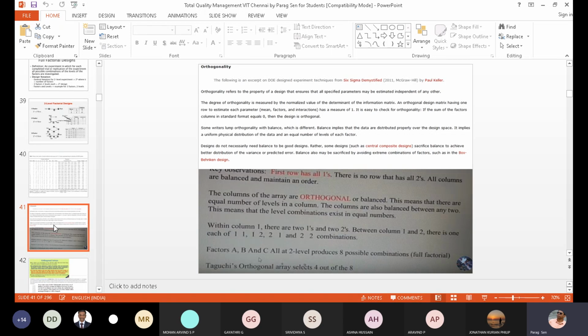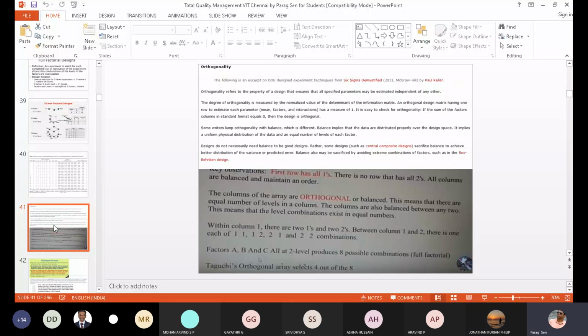Now one thing that I would like to describe, and it is very important, is that we should know what orthogonality is. Here, for this particular course, simply speaking, we will define orthogonality as whether the column is balanced.